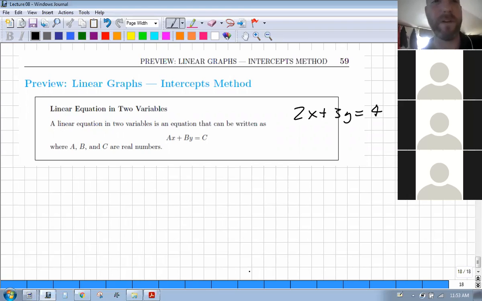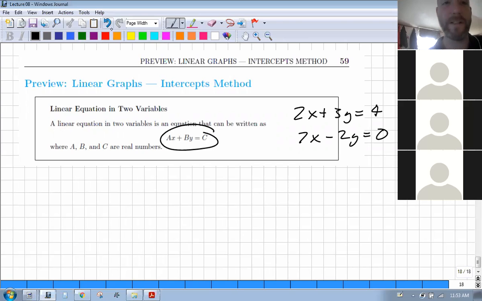That's an example of a linear equation in 2 variables. 7x minus 2y equals 0. That's a linear equation in 2 variables. This is an example of all possible linear equations in 2 variables. They all can take on this form.